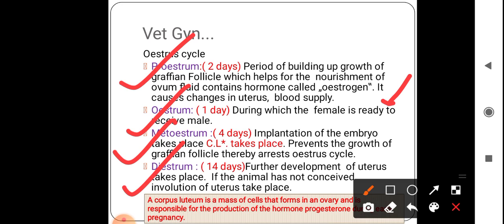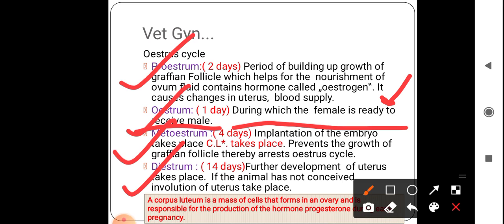Because of these changes caused in the proestrum stage comes the estrum stage, which lasts 1 day, where the animal is ready to receive the male.